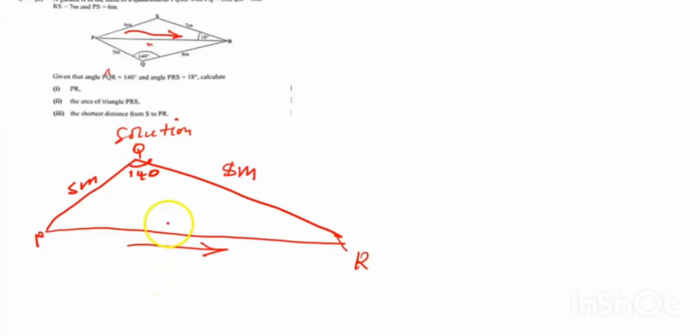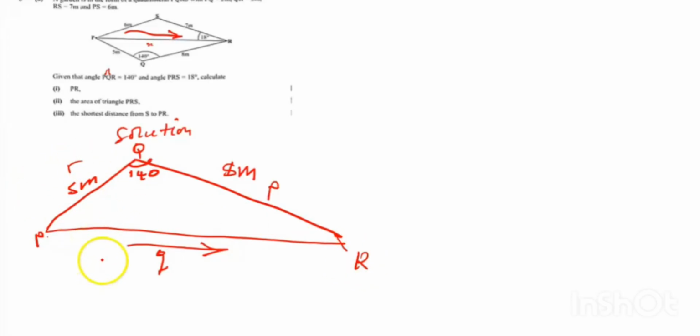first of all, before going further, you must denote this side with capital letter Q. The opposite of capital letter Q, you have small letter q. The opposite of capital letter P, you are going to have small letter p here. The opposite of capital letter R, you are going to have small letter r here.